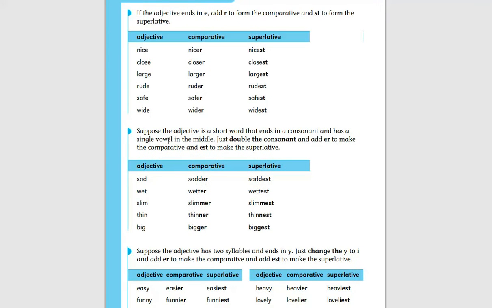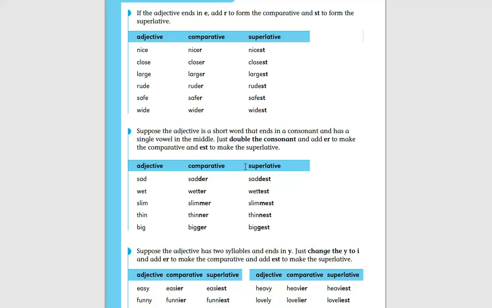Okay. Suppose the adjective is a short word that ends in a consonant and has a single vowel in the middle. Just double the consonant and add er to make the comparative and est to make the superlative. Understand? Okay.